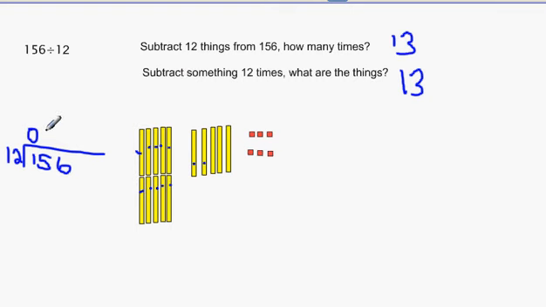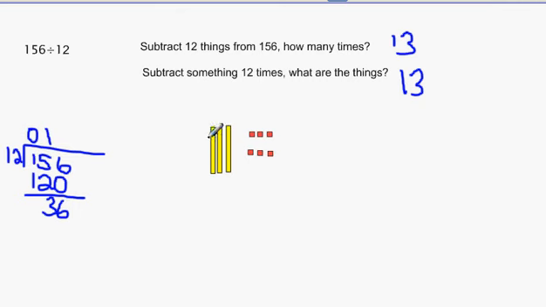I can subtract one rod, and one rod is a 10, so I'm going to say 1 in the rods column, or the tens column. So that's now used up 120 altogether, and I subtract that, and it leaves me with 3 rods left over plus 6 ones. So there's my 3 rods and my 6 ones. So now I've taken my rods and I've subtracted something 12 times. I've subtracted one rod 12 times.